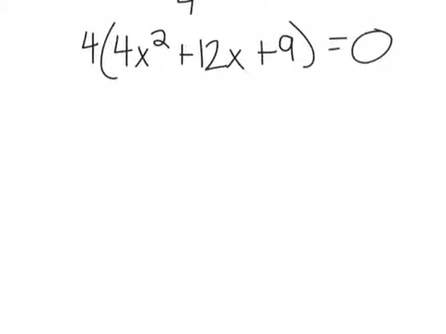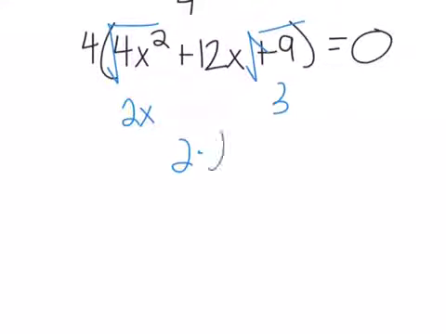I already factored out the 4, so now I'm going to check if they're perfect squares. 4 is a perfect square, and x squared is a perfect square, so if I square root that, I get 2x, and 9 is a perfect square, so if I square root that, I get 3. And if I check my middle term, it should be 2ab, so 2 times 2x times 3, which is 4x times 3, which is 12x. So I again have a perfect square trinomial.